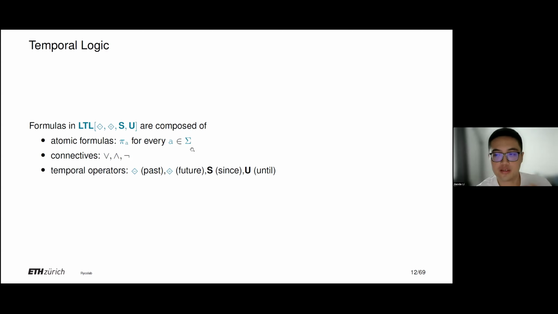This basically gives you a tool to read the input string. We have the ordinary Boolean connectives: logical or, logical and, not. And we also have some temporal operators. Here we have past, future, since, and until. If you check other definitions in different papers, the exact operators you have might be different, but as long as you have one of since or until, then they are equally expressive.